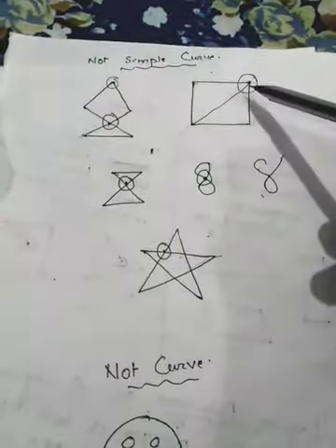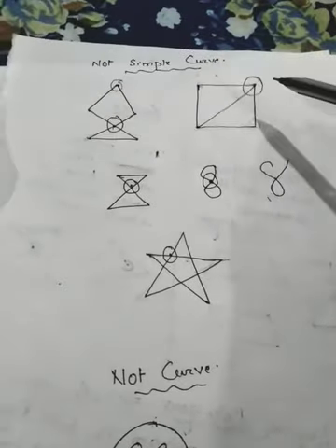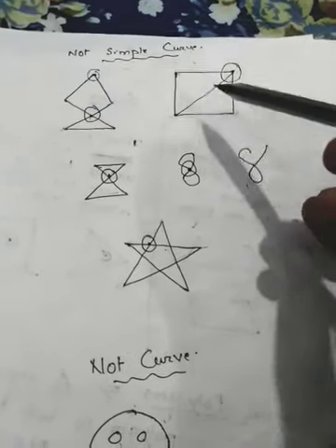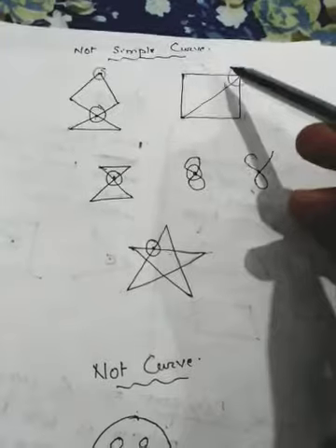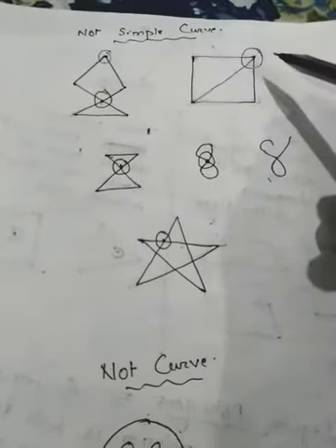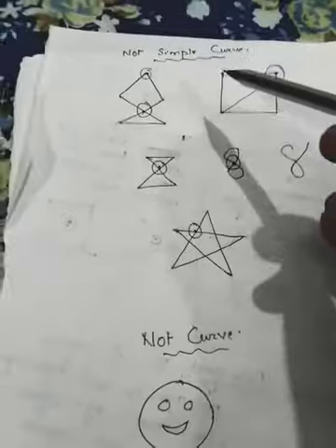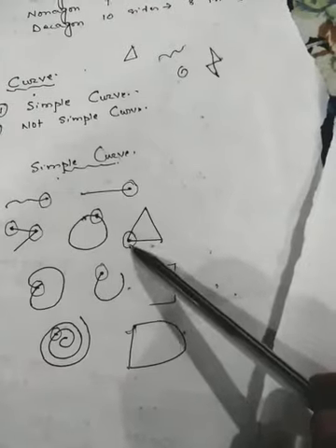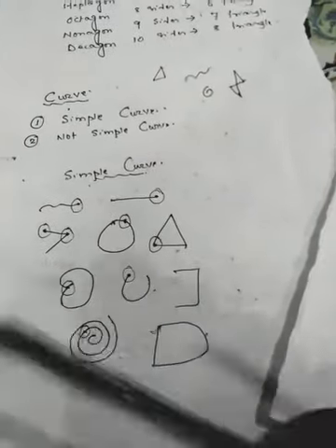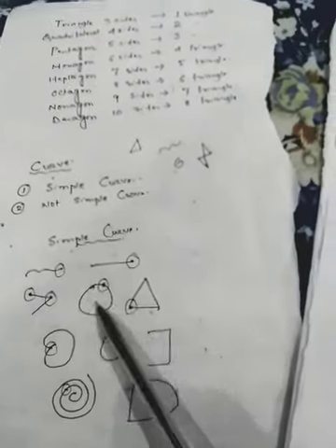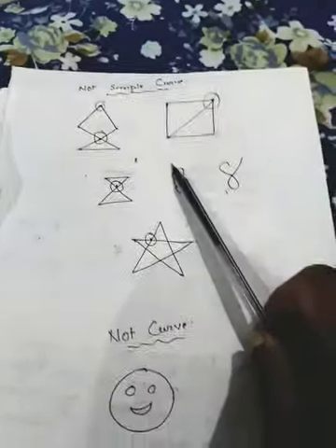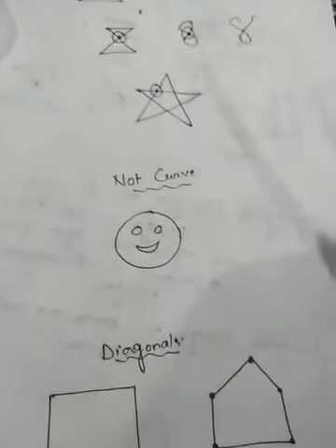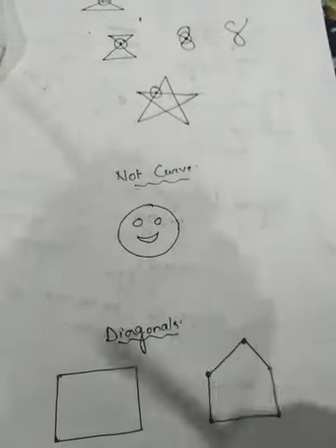So when you see any point which is carrying 3 or more than 3 lines, that particular figure will be considered as not a simple curve. But a figure in which you see that 1 or 2, maximum 2 lines are coming together, will be considered as a simple curve. This is how you differentiate between a simple curve and not a simple curve. And I guess you have understood why this is not a curve. Please revise my video and see why I have said this particular figure is not a curve.